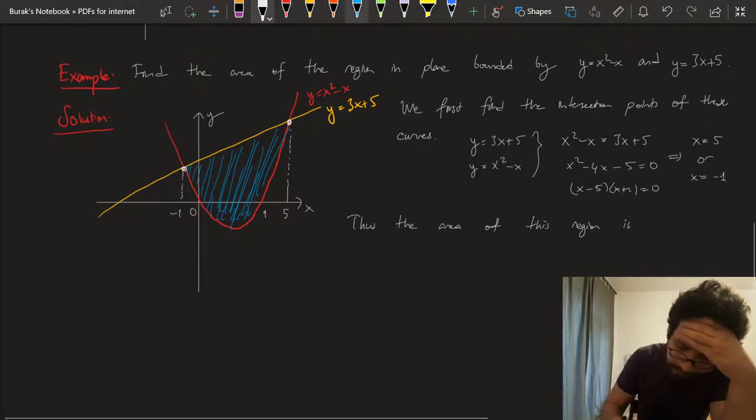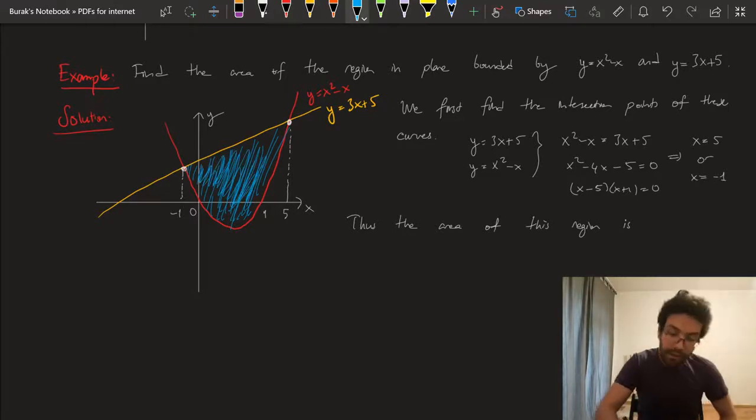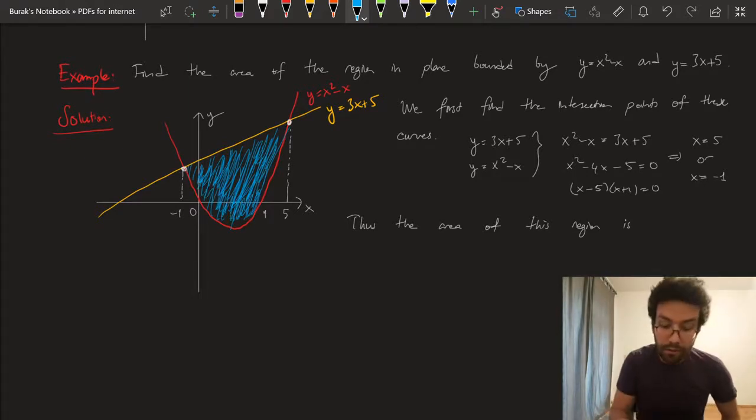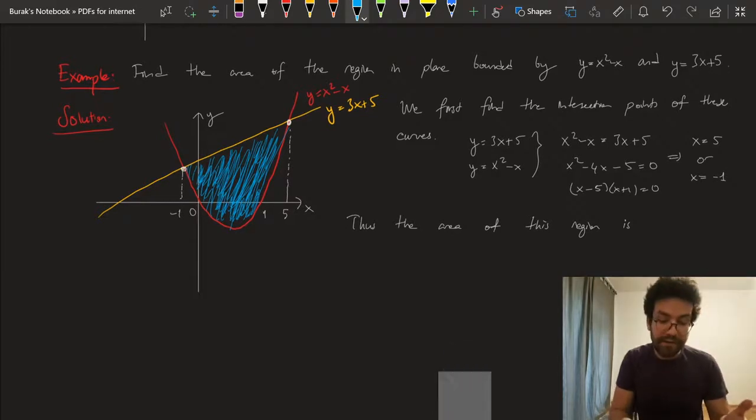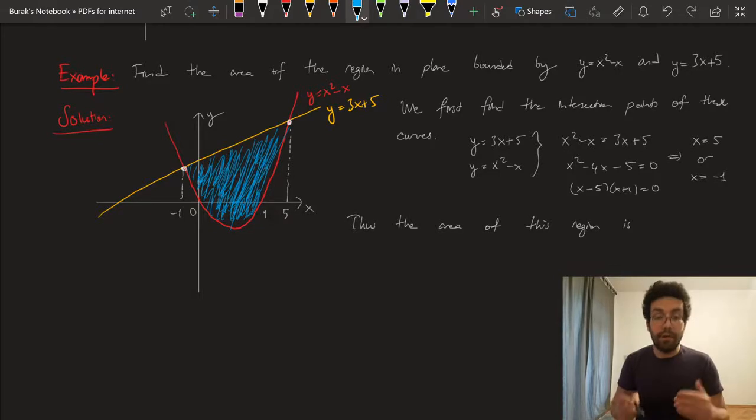now this region which is bounded by these curves, it's a region which is stuck between graphs of two functions. Which functions? f(x) equals x squared minus x and g(x) equals 3x plus 5 over the interval minus 1 to 5.